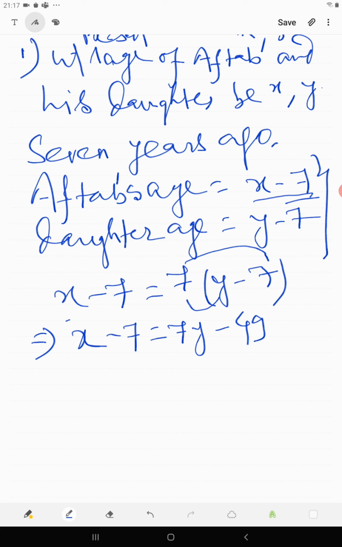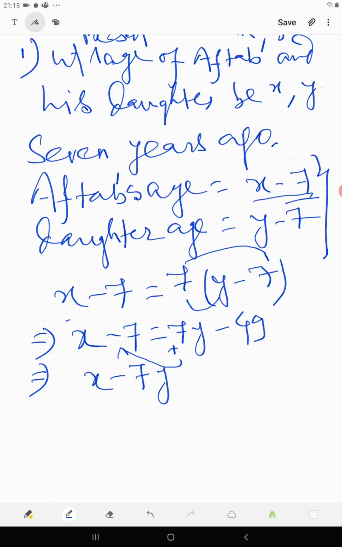So 7Y minus 49. Now X and Y should be on the left hand side. Always when we write, we should write X and Y on the left hand side and the constant on the right hand side.